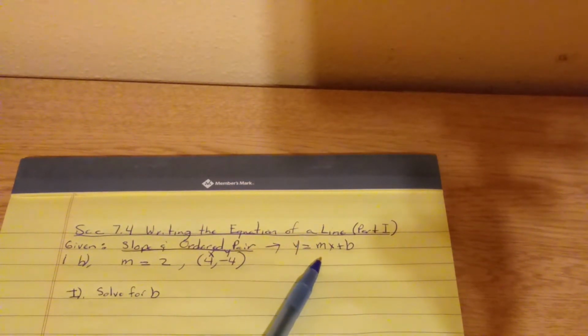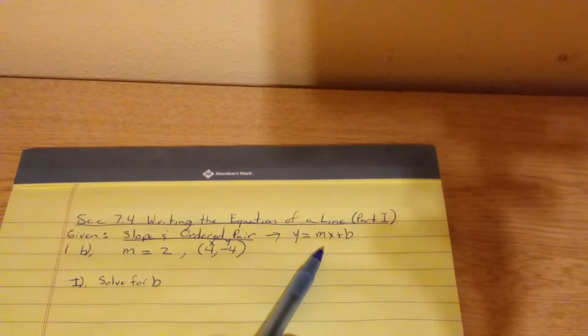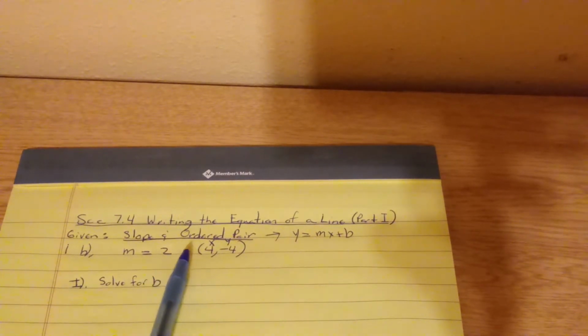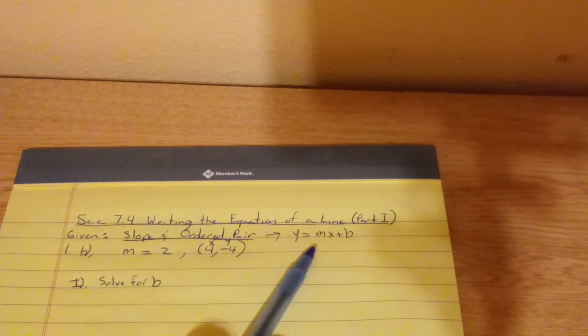The very first step is to solve for your y-intercept, or in this case, your b. Remember, we're going to rely on this y = mx + b format. What we're going to do next is substitute the slope, the x value and the y value into here to solve for b. In other words, to solve for the y-intercept.